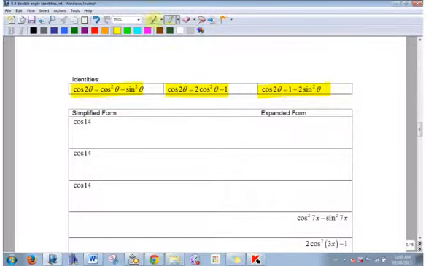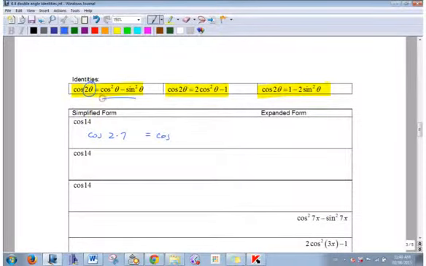That looks, well, it's pretty much the same as sine, just different. So cos 14, I don't want it to look like that. I want it to look like that. And then theta is 7.